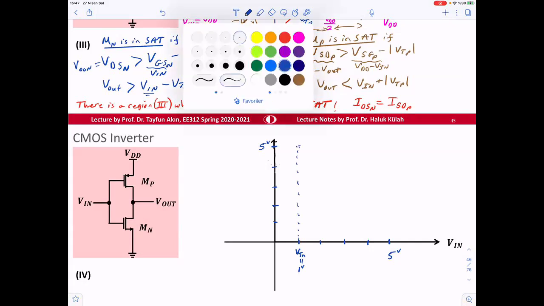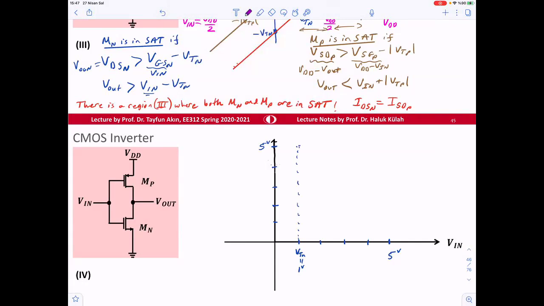Here, when we look at the output voltage, this is the first graphic, and up to here transistor MN is off, and MP linear is the response.